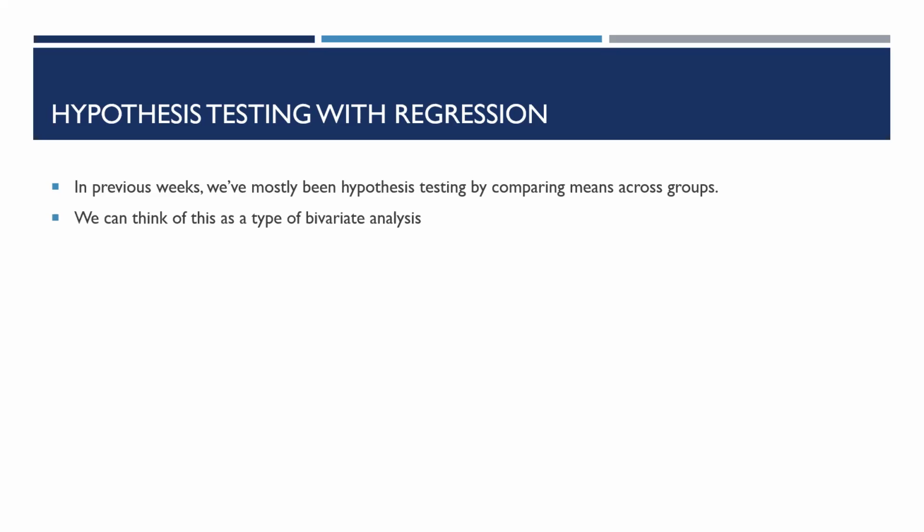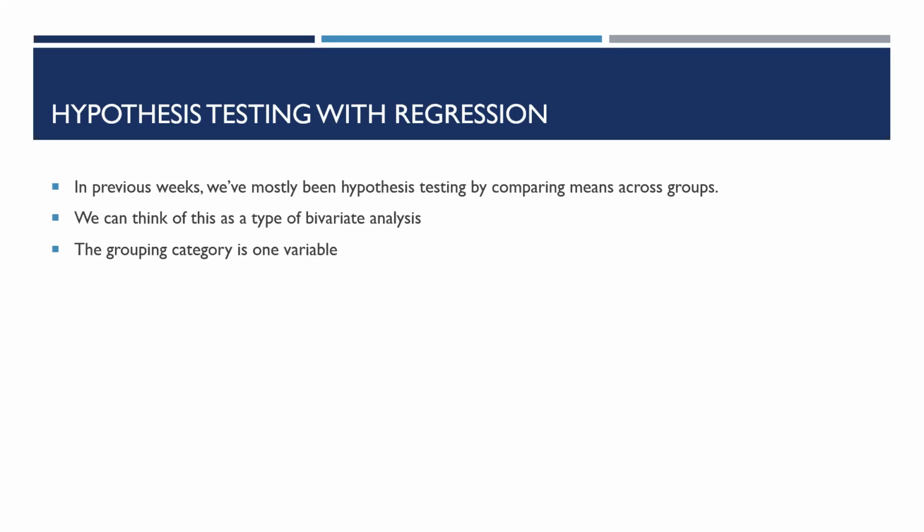But all this is to say that this type of hypothesis testing that we've been doing is something that we can think of as a bivariate regression or bivariate analysis. Bivariate just means two variables, right? An X and a Y usually. So in the ANOVA as well as the t-test that we've been practicing doing, we can think of whatever our grouping category is as one of our variables.